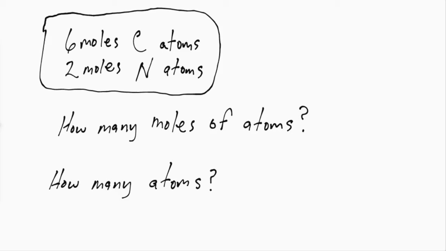Okay, you probably have the answer to the first one. So we have 6 moles of carbon atoms, 2 moles of nitrogen atoms. Therefore, we have 6 plus 2, which equals 8 moles of atoms, which is true. Now, how many atoms do we have?